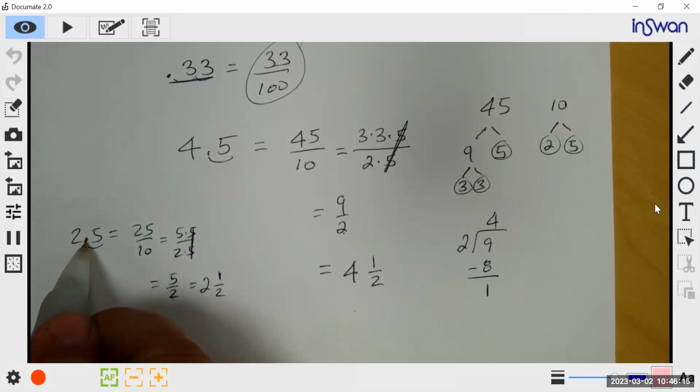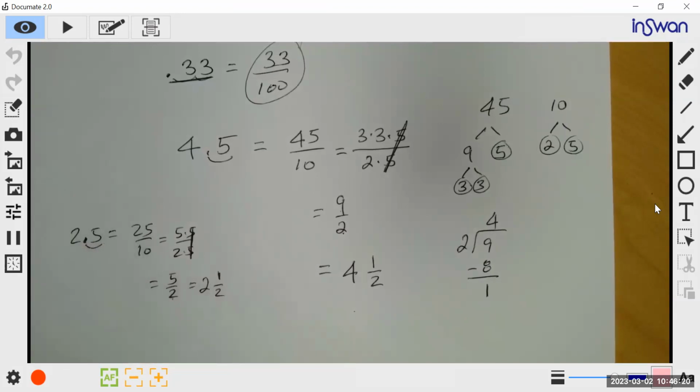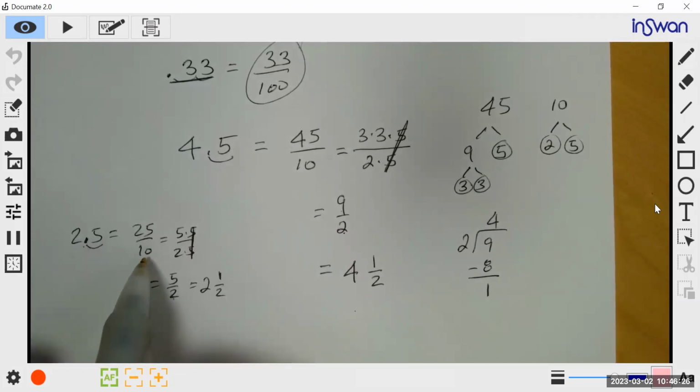It all depends on how many spaces you have to move the decimal to get it behind the last digit. Since I only moved it once, basically every space you move it, you put another 0 on the bottom.